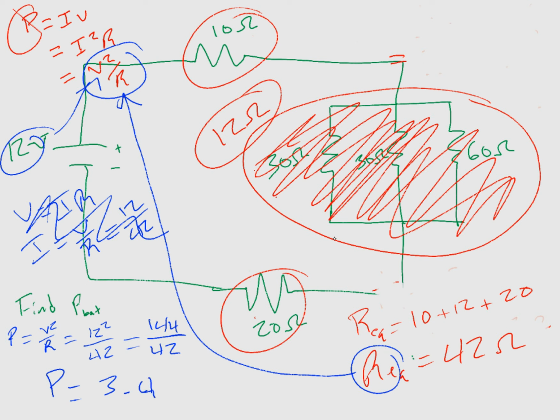I'm going to round it to 3.43. And what are the units of that? Hey, what are the units of power? Oh, that's right, watts. Oh, good one, Mr. C. Well, congratulations, folks. We just figured out how to solve the power for this entire circuit. So we would say that the battery is supplying 3.43 watts of power to the circuit. And that's how you solve that kind of problem.